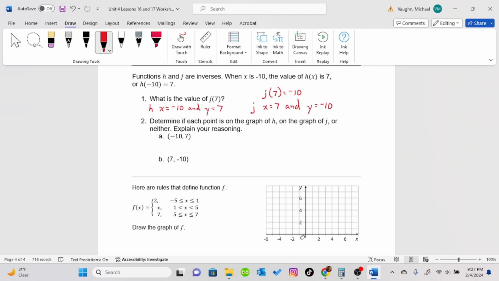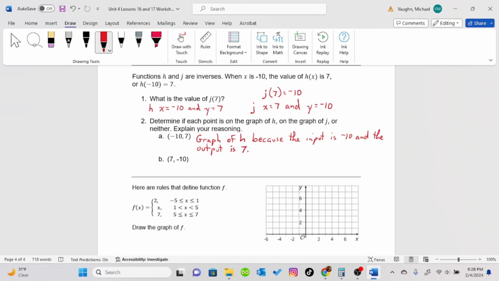So A is on the graph of h because the input is -10 and the output is 7.